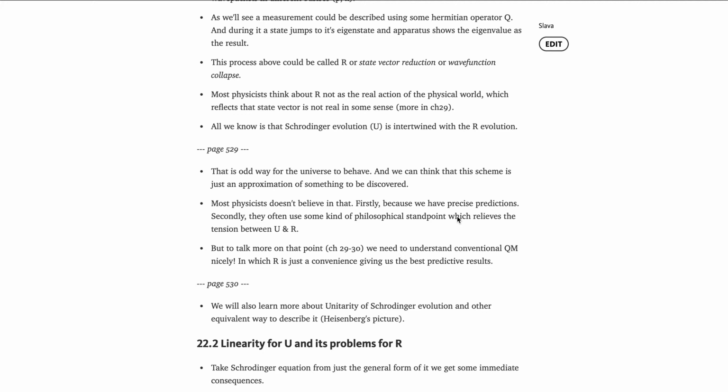We'll talk more about the problems and the ways to new discoveries in chapters 29 and 30. But to start talking about those deep matters, we need to understand conventional quantum mechanics nicely. Inside the conventional view, R is just a convenience, giving us the best predictive results in our experiments. We will also learn more about unitarity of Schrodinger evolution and another equivalent way to describe it, Heisenberg's picture.